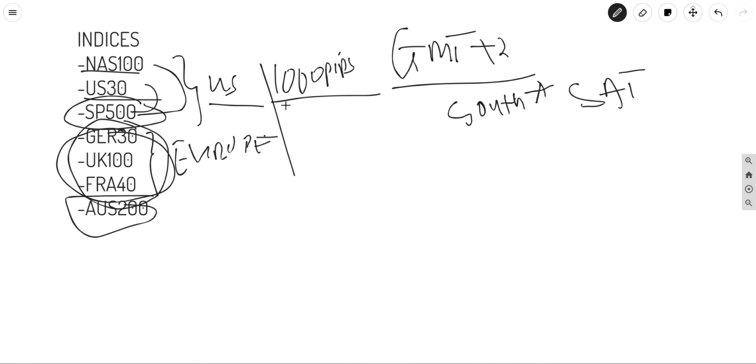From US based, when the New York session opens, you will see NAS100, US30 as well as SPX500 initiating some volatility, moving up to sometimes even 3,000 pips in a few minutes. It's like you're trading the news.